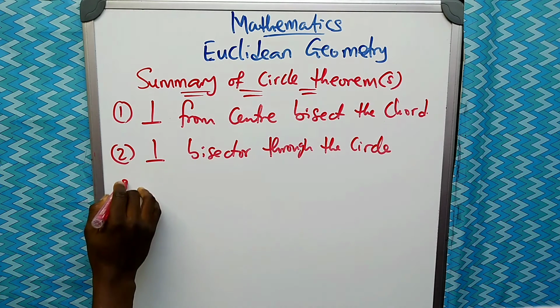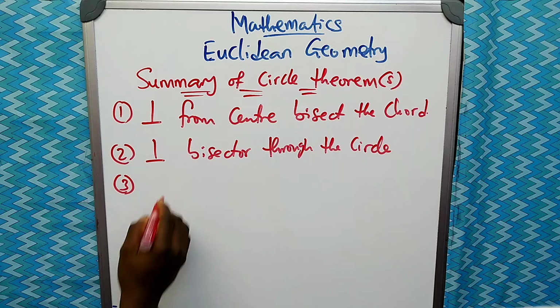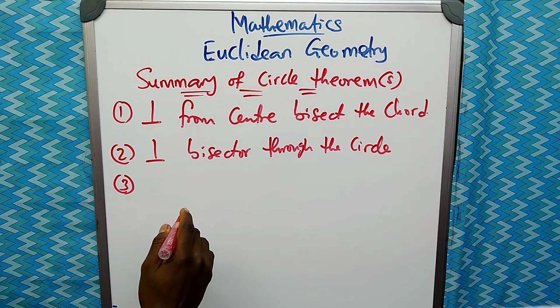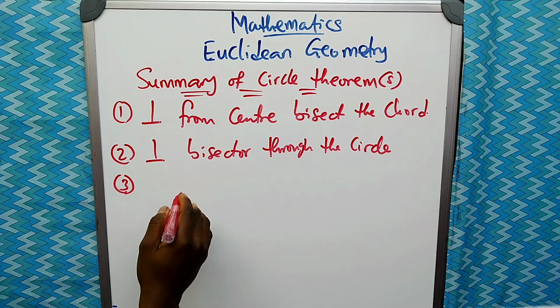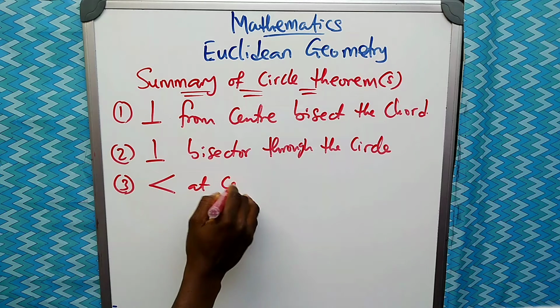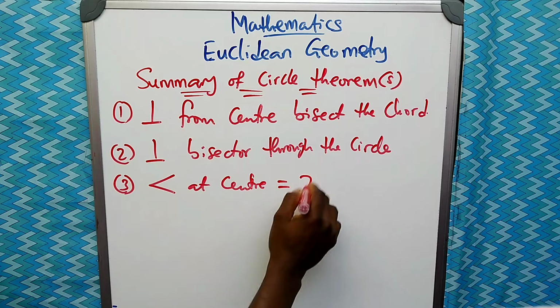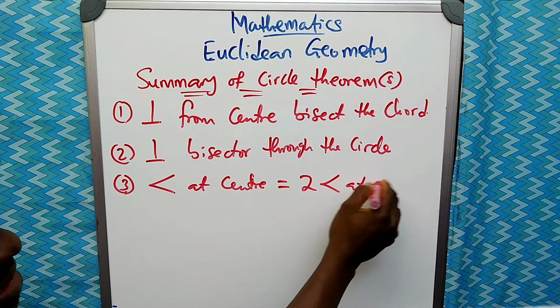These are just the summary of those circle theorems. Another one says the angle subtended by an arc at the center is twice the angle subtended by the same arc at the circumference. In summary, we can write it as angle at center is equal to twice angle at circumference.